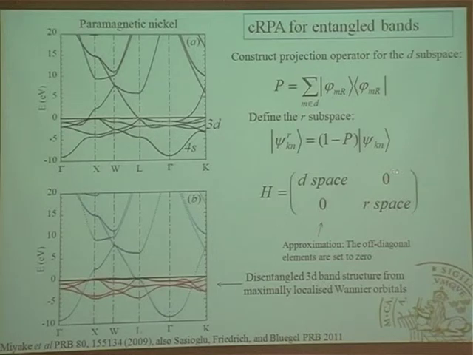And these two components are not zero. There is a coupling between this D and R subspace. But we approximate this by setting it to zero. We just ignore it. So we get a decoupled Hamiltonian, one for the D subspace and one for the R subspace. So as a result, the band structures are completely disentangled. So you have a disentangled band structure.